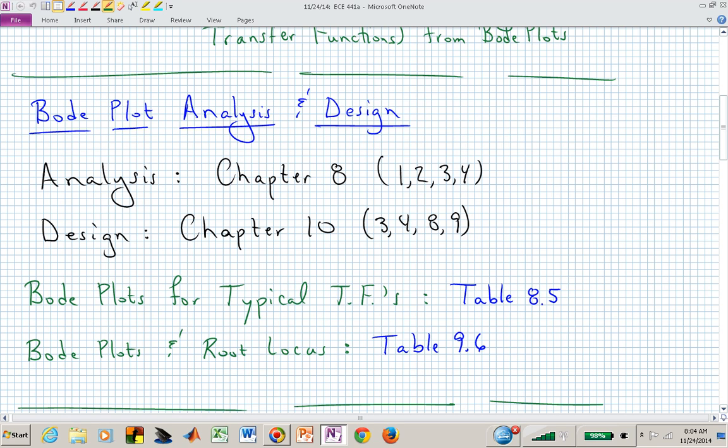I believe Table 8.3 shows you or illustrates the basic components, what a gain might look like in terms of a Bode plot, what a single zero factor might look like, what a pole factor or what a two-pole factor might look like. That's in Table 8.3, or the individual factors. Table 8.5 puts all of those pieces together.